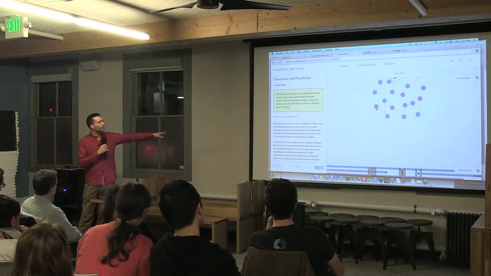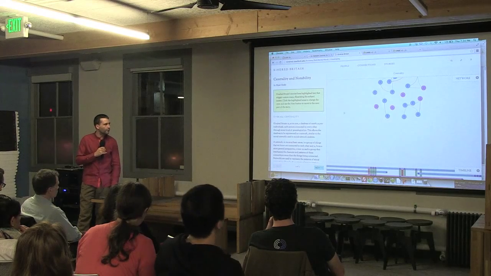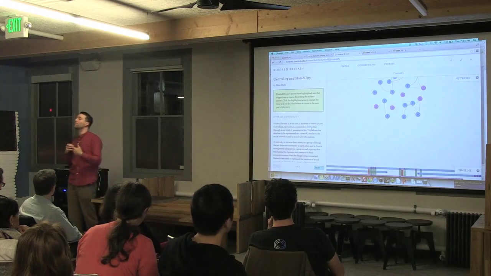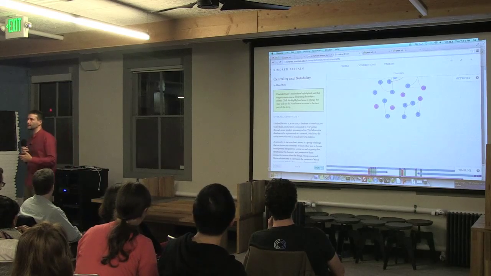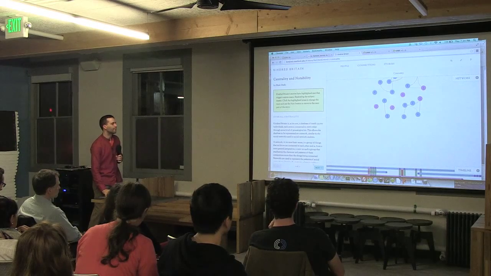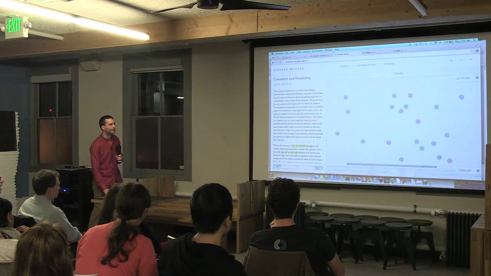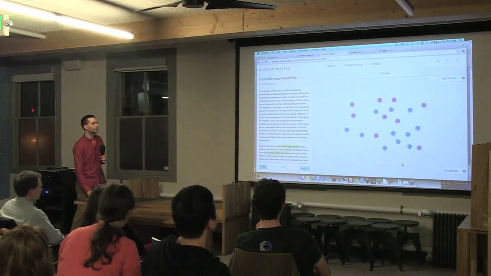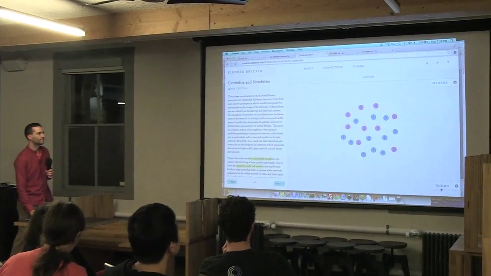And the method that we ended up with was to create these multi-part text narratives. Each part of that text narrative opens up a different view on the model, a different query into the database, whatever verbiage you want to use.